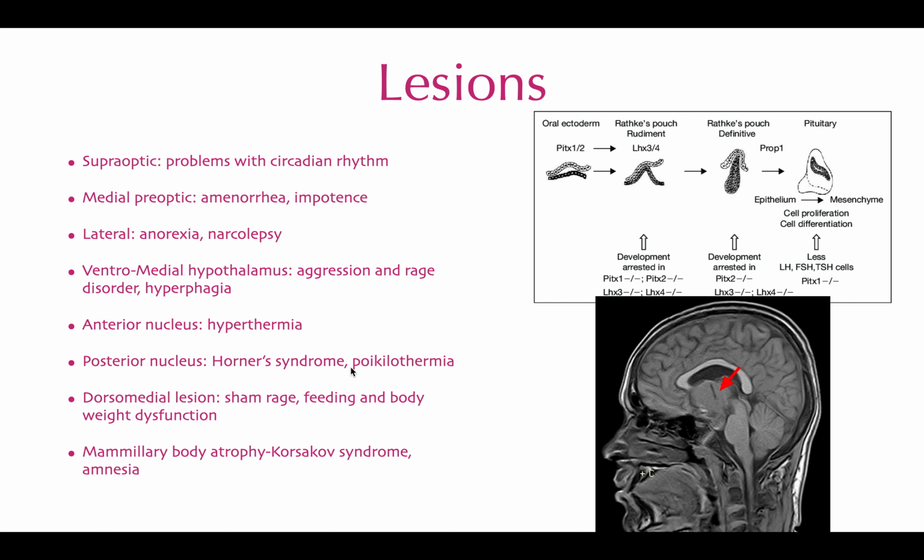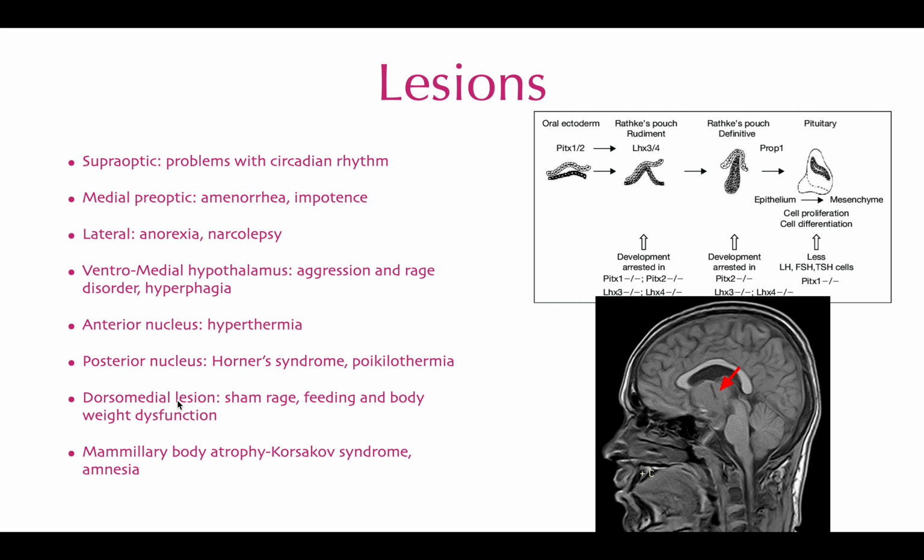Remember, Horner syndrome is miosis, anhidrosis, and ptosis. All of this is unilateral, along with difficulty in regulating temperature. So this person cannot respond to hot or cold.